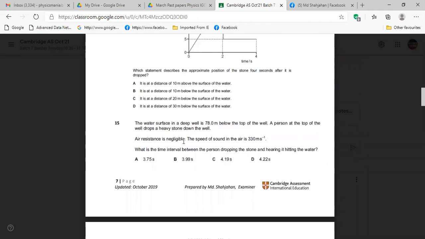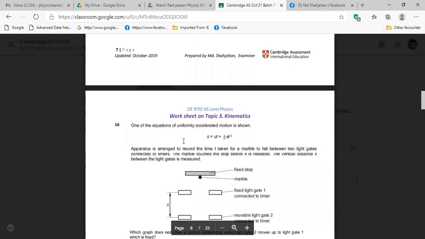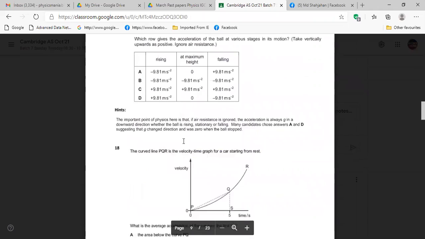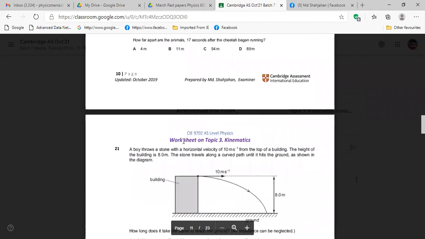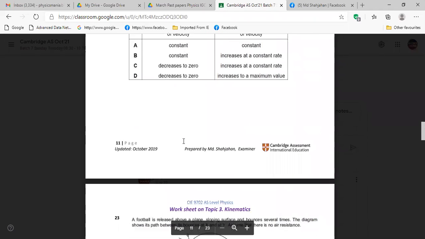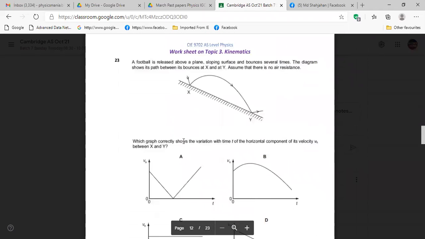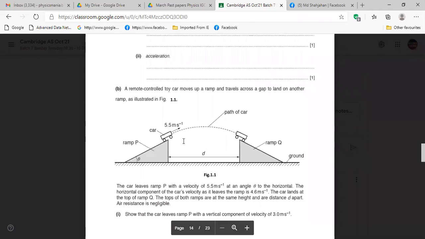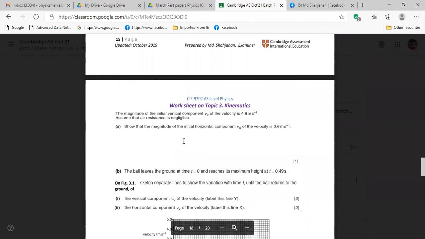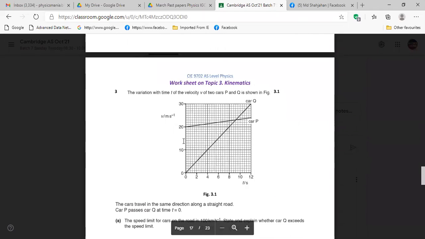So you are getting ultimately the formula H equals half GT squared. So you rearranged and T equals root over 2H by G. Then you got 6.26. Okay, let me check from the mark scheme whether your answer is correct or not.